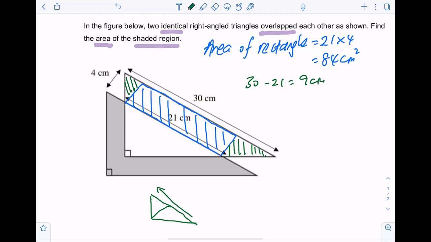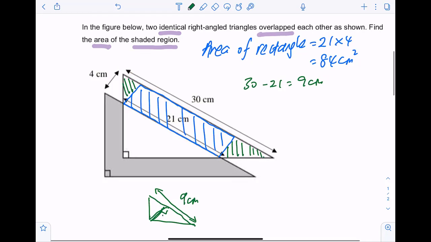So the combined base, we just found it to be 9 cm. And the height, the perpendicular height, is definitely going to be here, because 4 and this side, they are perpendicular. So 4 is there. So to find the two green triangles, we just take half times the base, which is 9, times the 4.